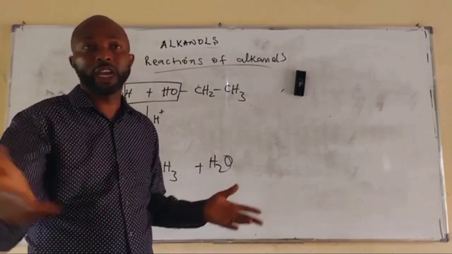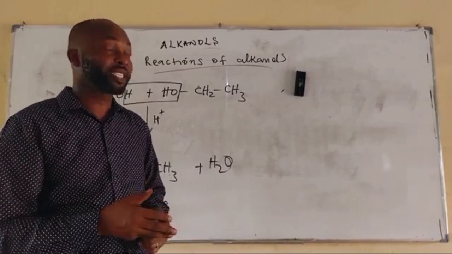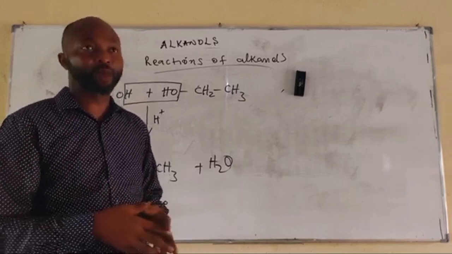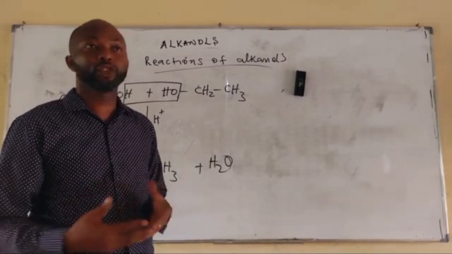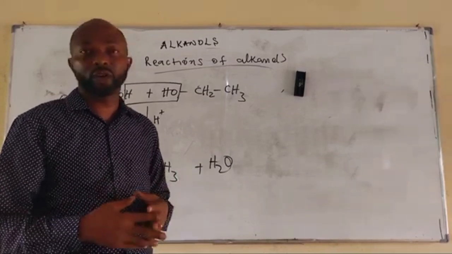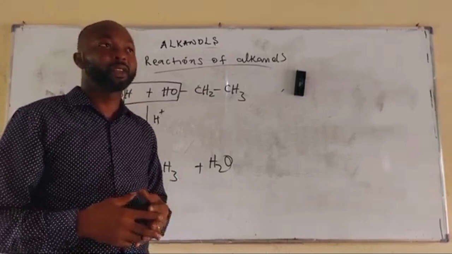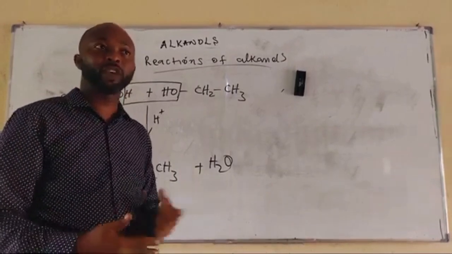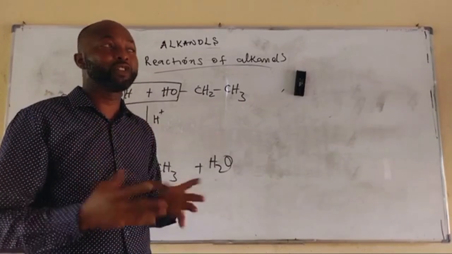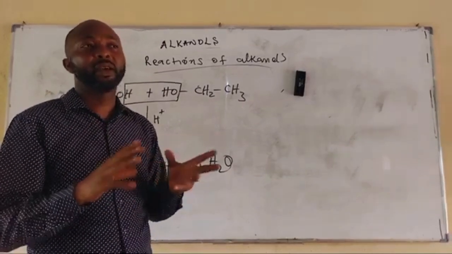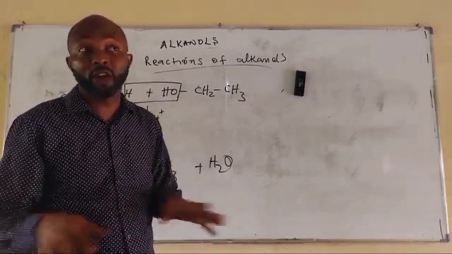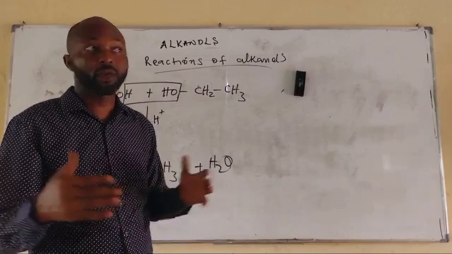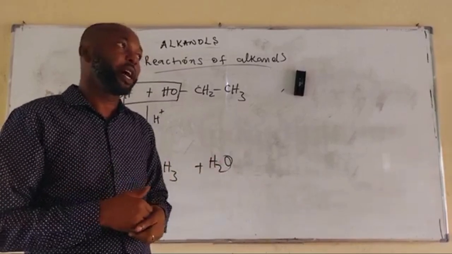And we also carry out dehydration, with esterification being the last one. In all of these, you should not forget, most importantly, that alcohols have a general molecular formula, which is CnH2n+1OH. With that, you can easily determine the molecular formula of any of the alcohols you're dealing with, no matter how lengthy it may be.